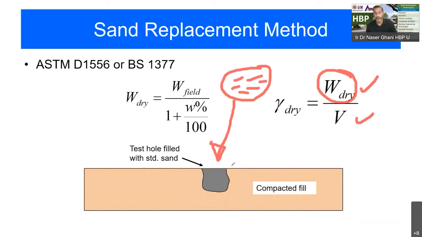that we put in. But to get the volume inside here, this is the tricky part. If we are talking about a soil hole on site like this, how do we get this volume? That's why we use this sand, the standard sand, to replace the hole.